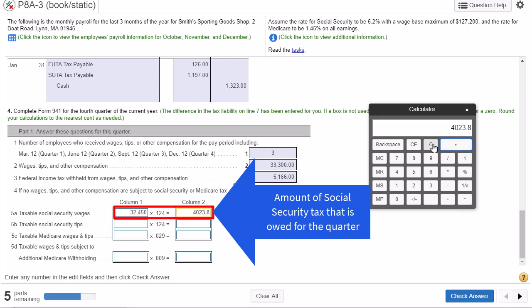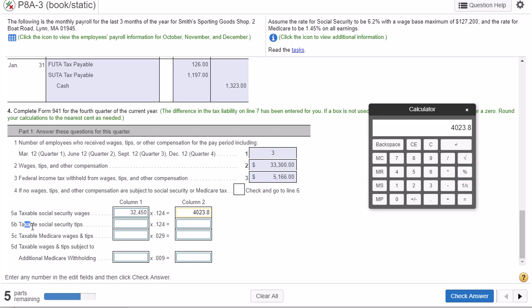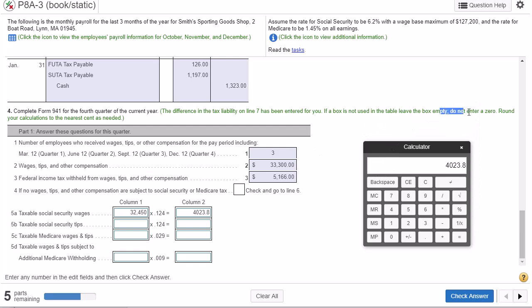Now, of course, the alternative calculation, you just go 32,450 times 12.4, and hit percent, which gives you the same number. Line 5B, taxable Social Security tips. None of these people made tips. So according to these instructions up here, if something is a 0, do not enter a 0. So we're going to leave that line blank.